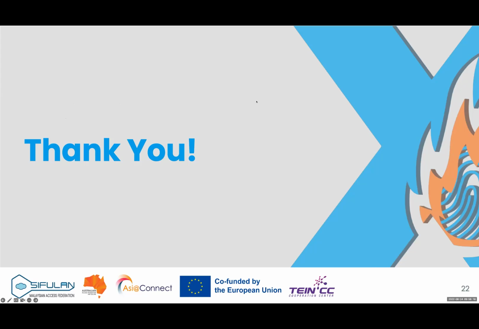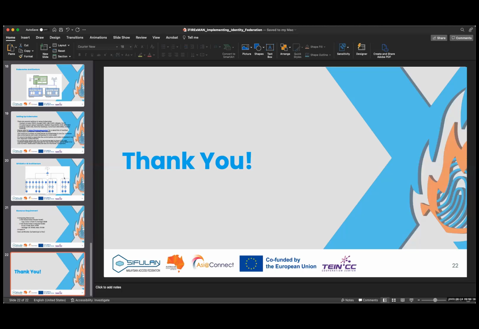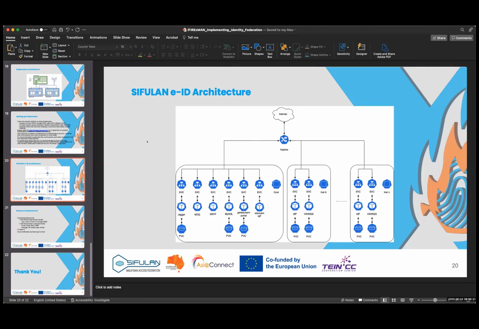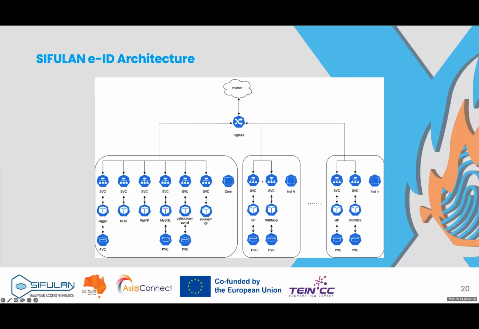Yes, Farhan, how many IDPs can we run on a single node? It depends on what mode you are running. Is it proxy or hosted? If proxy mode, each proxy requires at least 2 CPU cores and 2 GB memory. So if you have 16 GB of memory, you can probably host 7 to 8 proxies per VM.